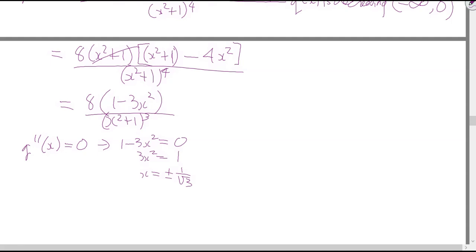Is that one of the nice? They didn't give us any nice numbers. You can leave it as 1 over root 3. You can write it as root 3 over 3. I don't know, six of one, half a dozen of the other.